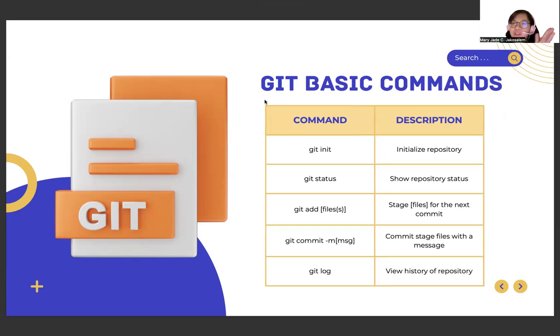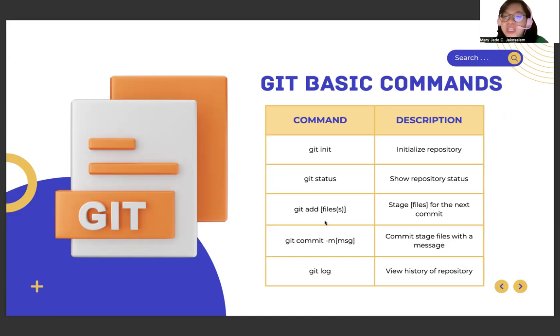Here we have some basic Git commands that we commonly use. First, we have git init, whose main function is to help us initialize our repository of our version controls. Then we have git status if you want to show the repository status. So this is actually what we type. These are the commands. Then git add files, meaning we stage files for the next commit. We are adding a new file, so basically we're creating a new file in layman's terms.